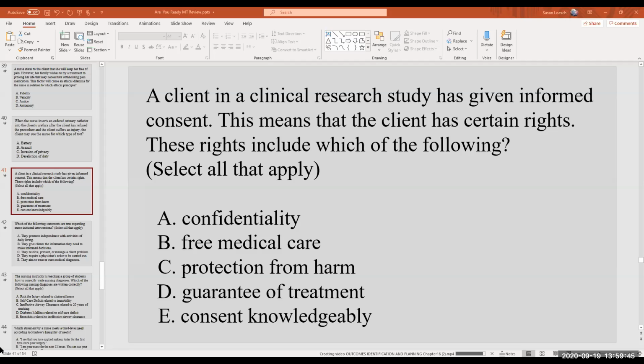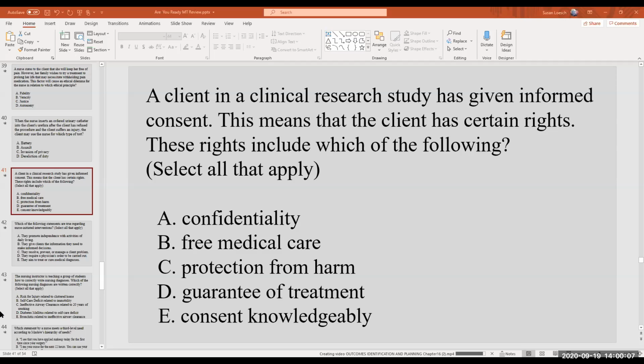I thought C, D, E. C and E, yeah. C and which one, you guys? C and E. Protection from harm and consent knowledgeably.